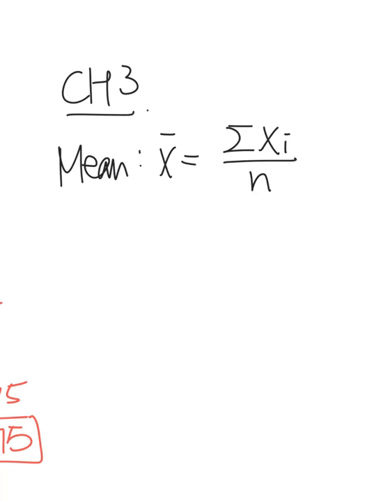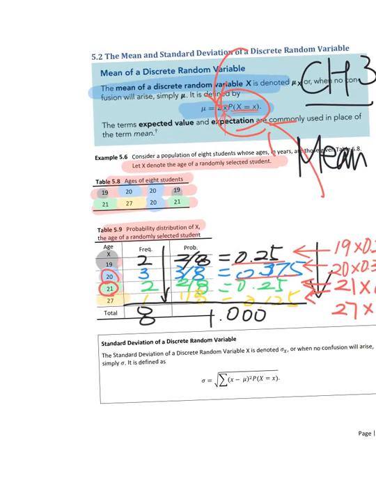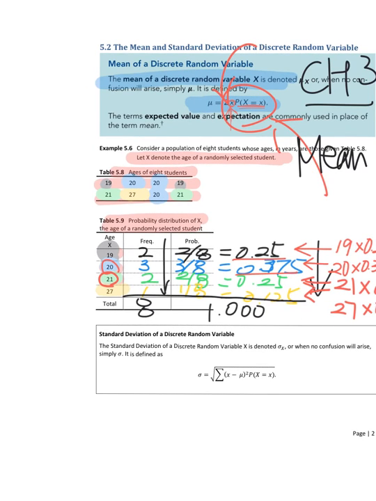Okay, let me change a little bit. We had two 19s, three 20s, two 21s, and one 27. So let me list the ages.